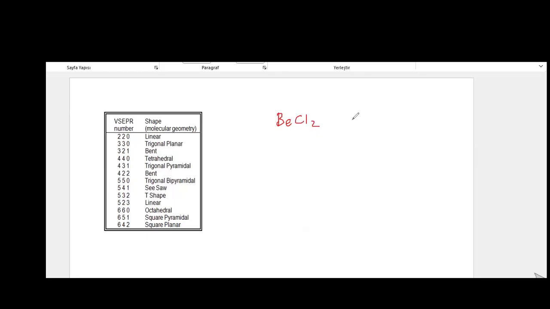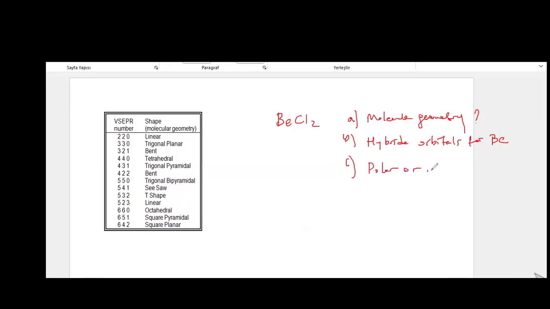Please first of all find the molecular geometry, and then the hybrid orbitals for beryllium, and then finally whether it is polar or non-polar, and the bond angles between chlorine atoms. Okay, it's your turn.